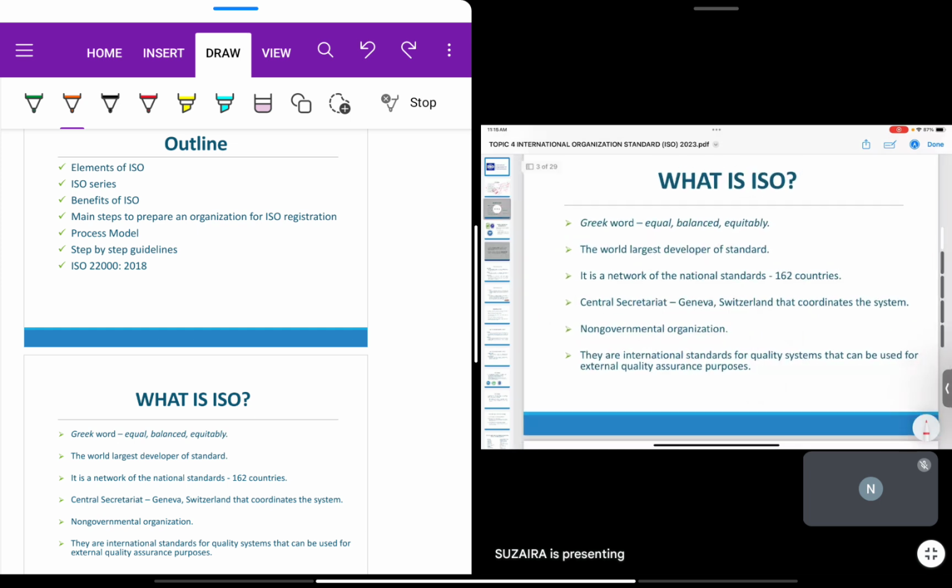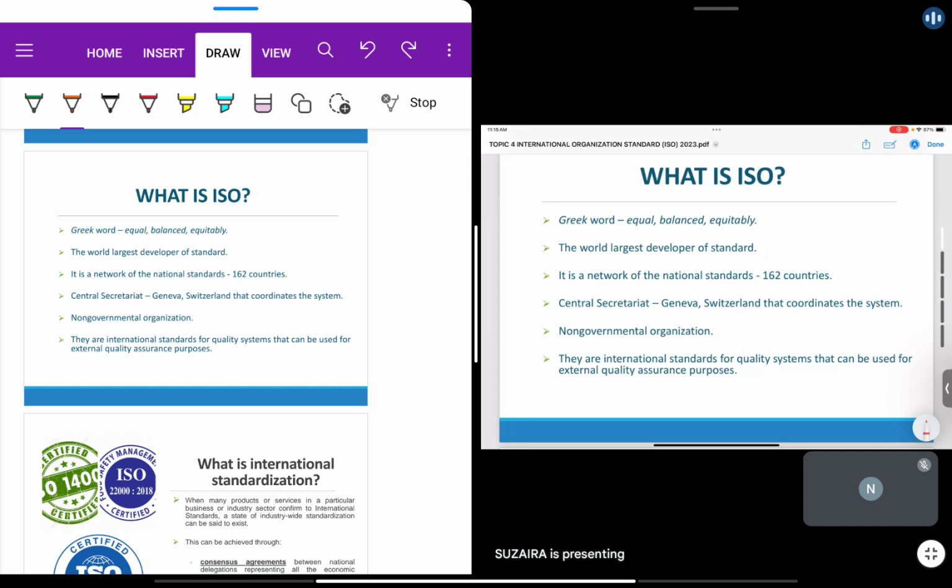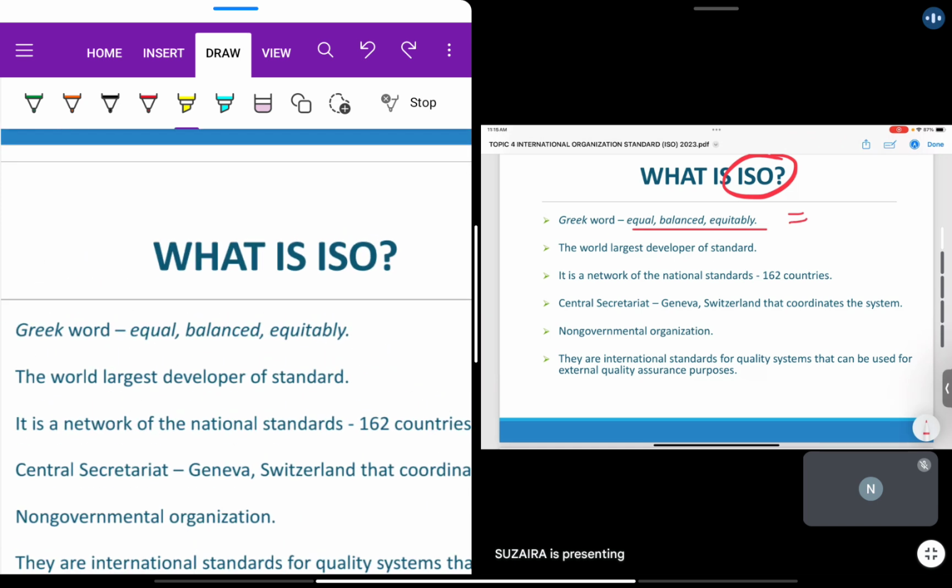So whenever we look at ISO, basically the word ISO is like isometric. ISO comes from the Greek word, which means equal, balance or equitably. Whenever it refers to equal, it means that every country that applies ISO is adopting a similar guideline or requirements.